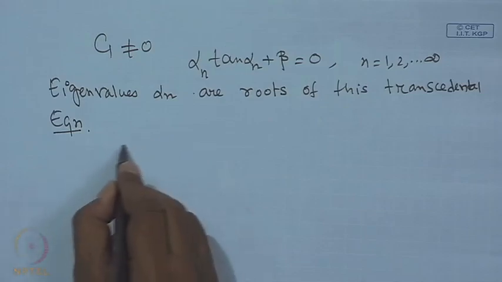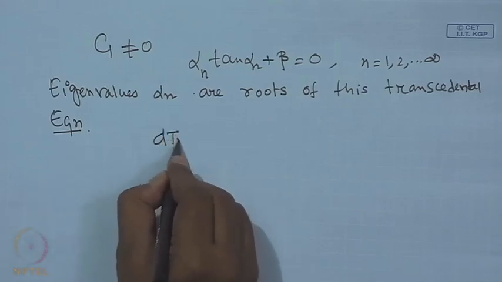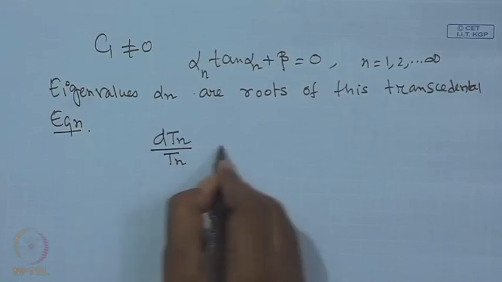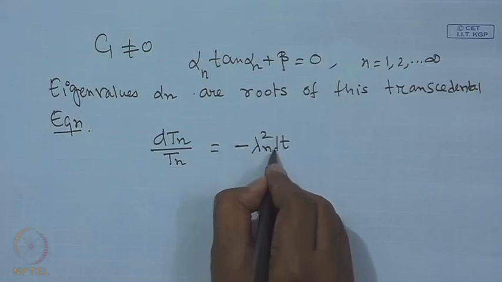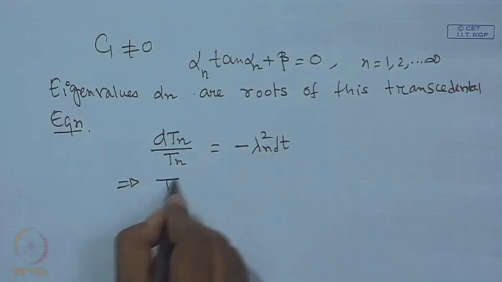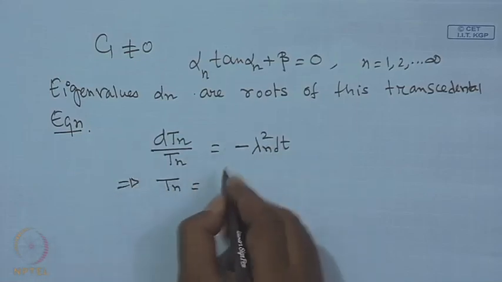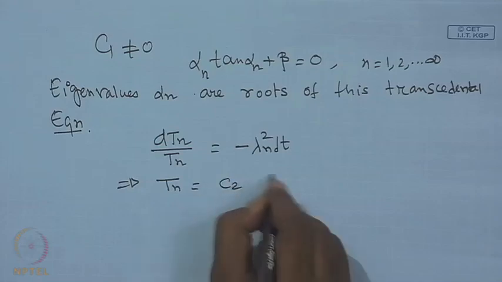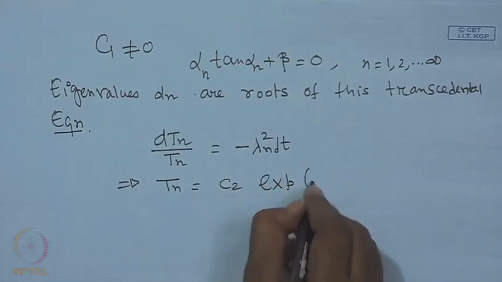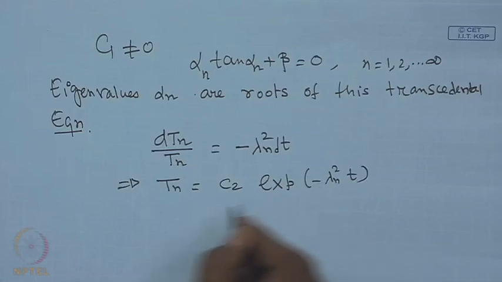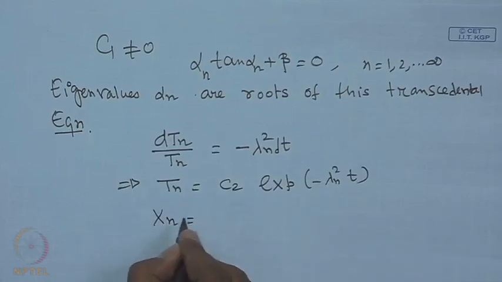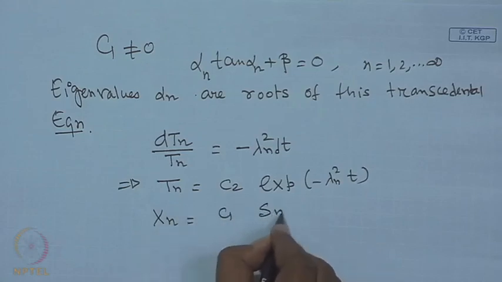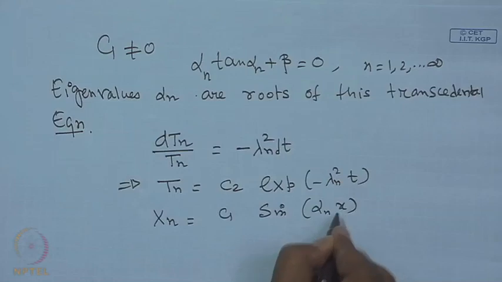So, we can get the time varying part, as earlier we have seen, dTn/dt is minus lambda n square Tn. So, integrate it out. So, you will be getting Tn is equal to some constant times exponential minus lambda n square t. And the space varying part corresponding to the nth eigenvalue, Xn, is nothing but C1 sin alpha n times x.